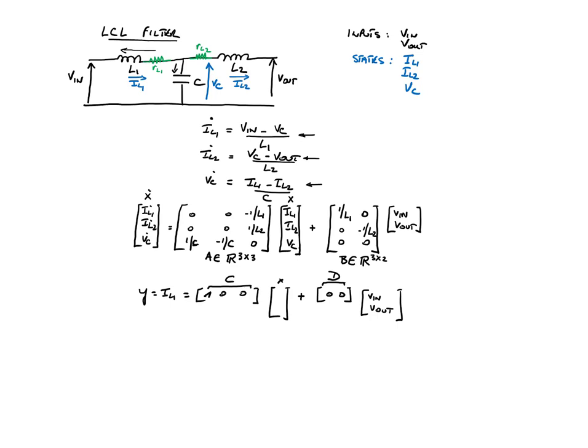So this means that the first equation will be L1 EL1 dot plus RL1 EL1, that's the voltage over here, is equal to V in minus Vc. So we have to adapt our equation.